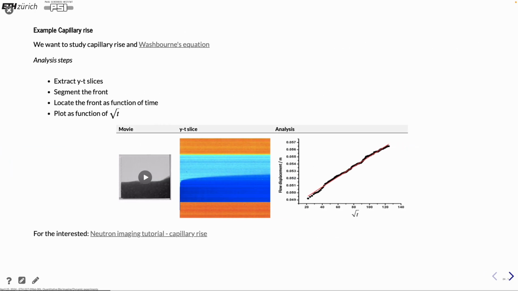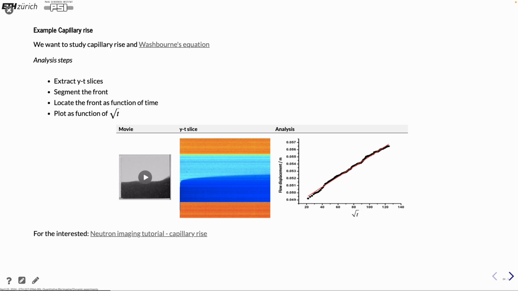So here's an example of capillary rise, where if you put some porous material, say a sugar cube, in liquid, you can see that the liquid is going up in the sugar cube. This is the process of capillary rise, and it's even described by Washburn's equation, at least in the initial phase. Then gravity plays in and it gets more complicated.